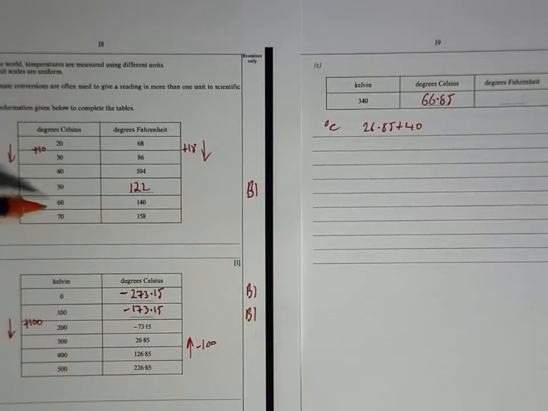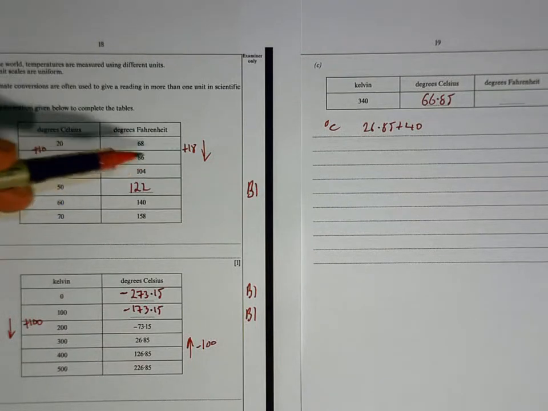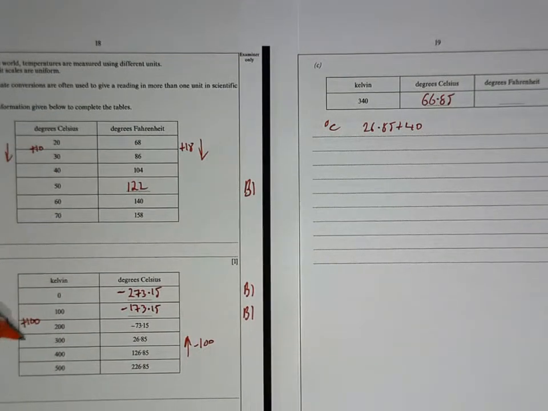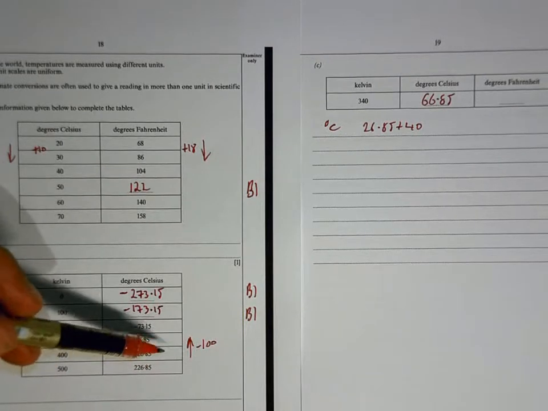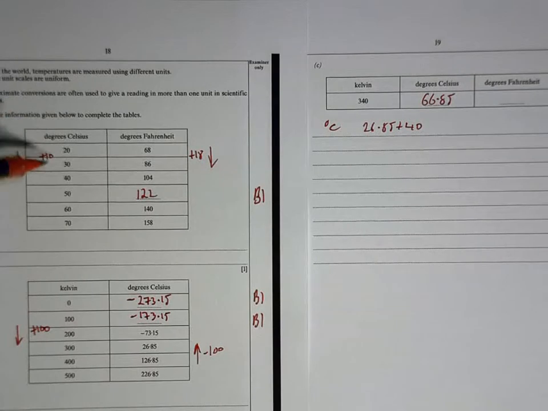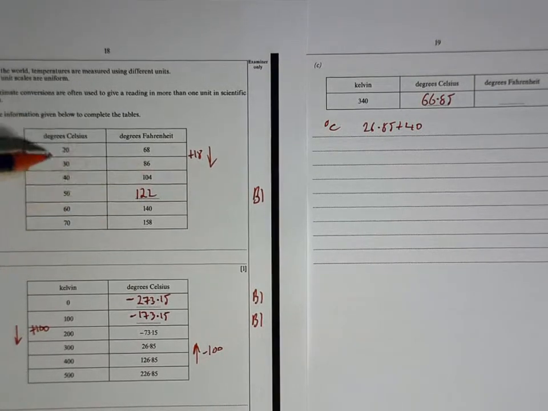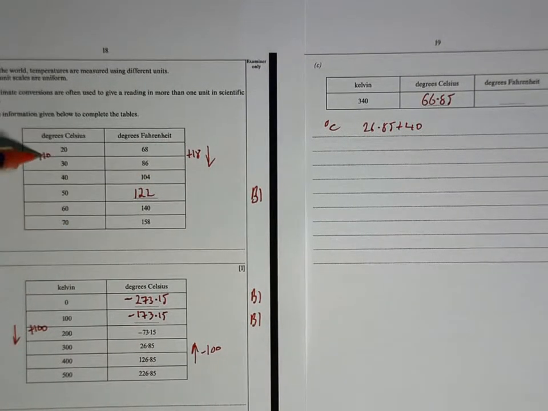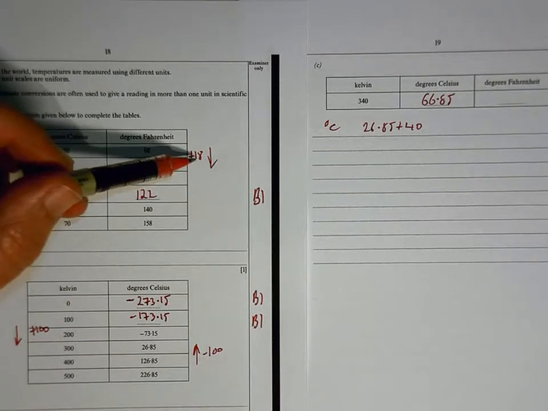66.85 is going to be 6.85 on there, but this doesn't jump by the same amount. 1 unit jump in there is the same as 1 unit jump in there, or 10 units jump in there will be 10 units jump in here. But for this one, it's different. For each 10 degrees this moves, that moves 18.